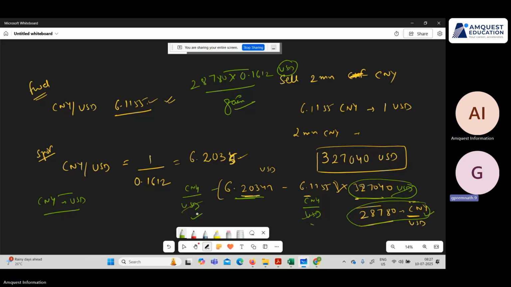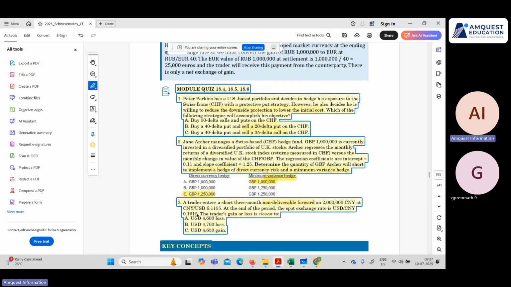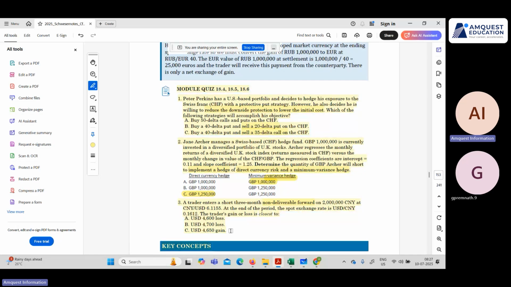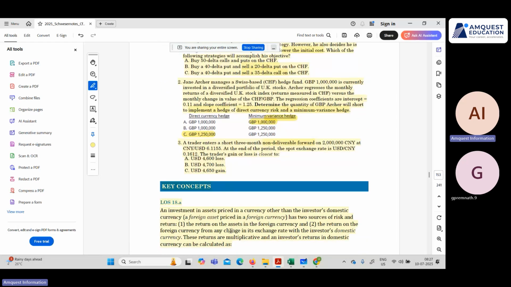But I did it a different way, and figured that since the USD had appreciated, it would be a gain. At least you got that part right. That's also a good way to look at it. Fair enough. All right.